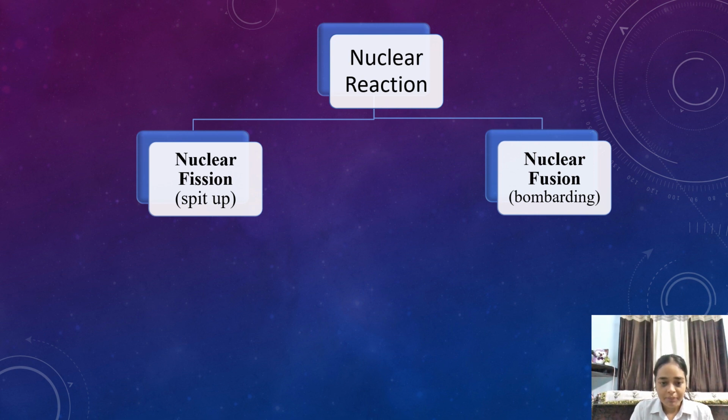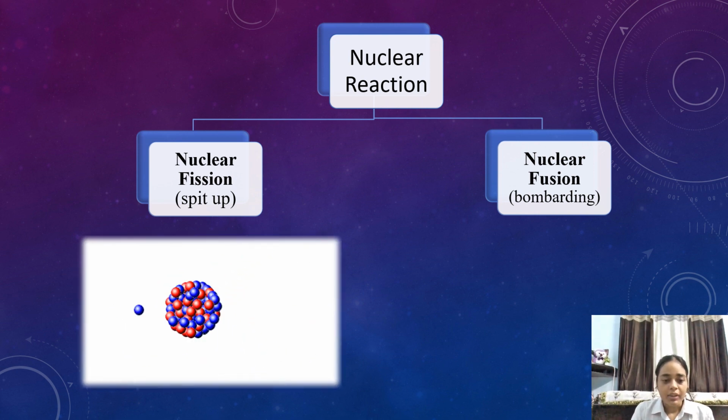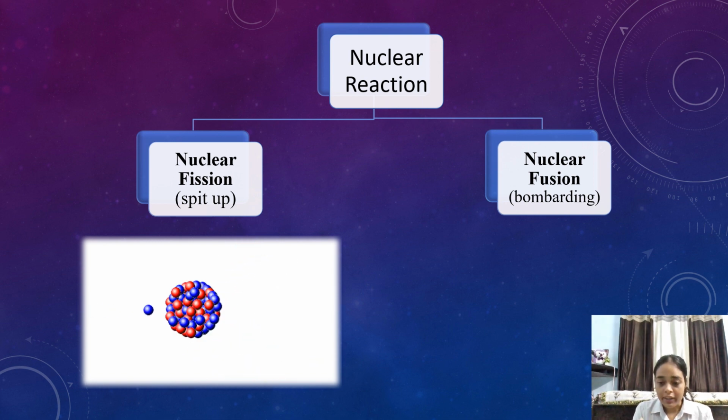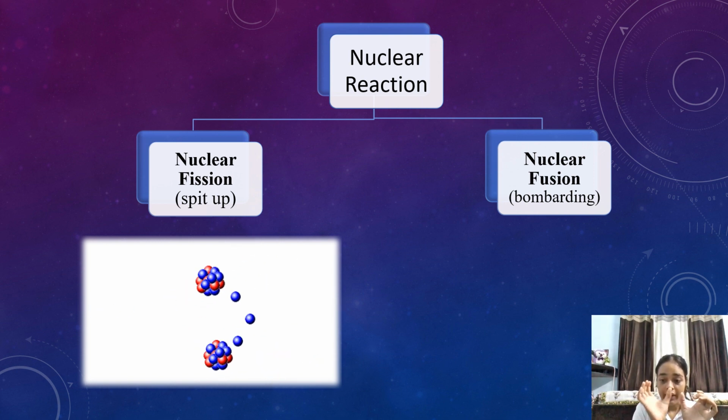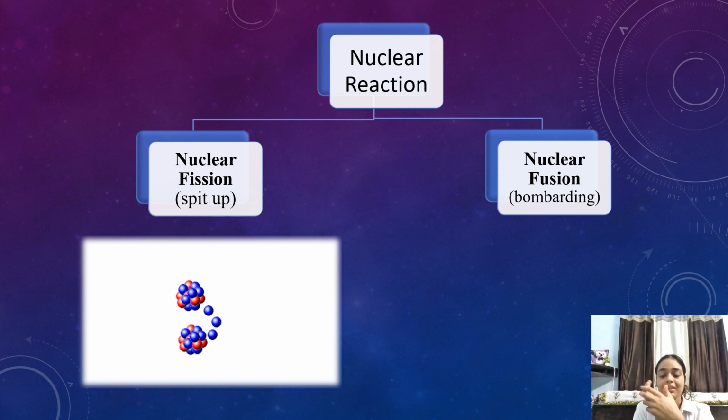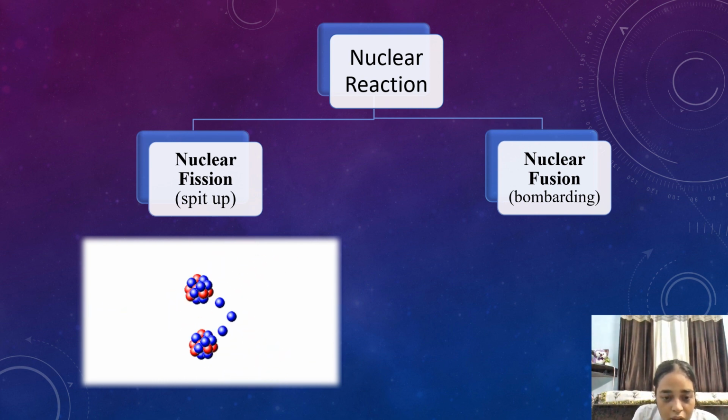See here, the small, very unstable neutron is colliding with a heavy nucleus, and it splits that heavy nucleus into two small nuclei. As you can see here, this big nucleus splits up into two small nuclei.